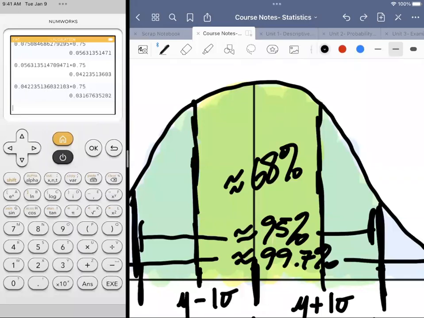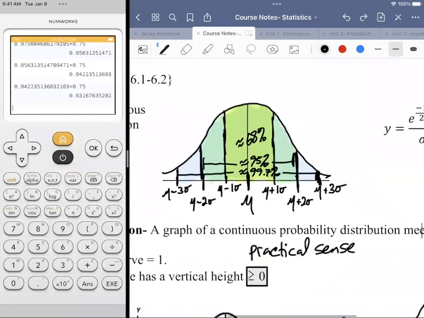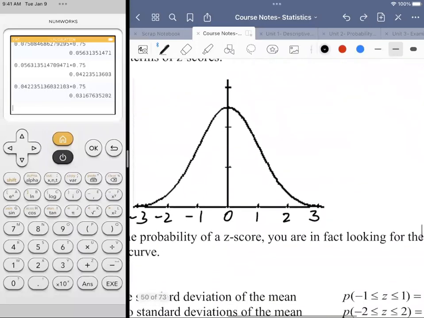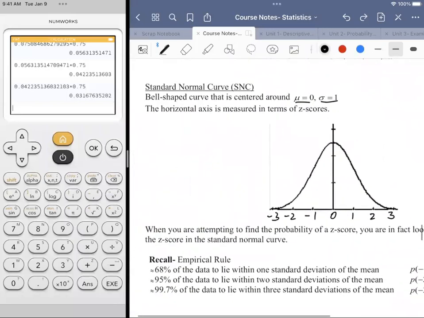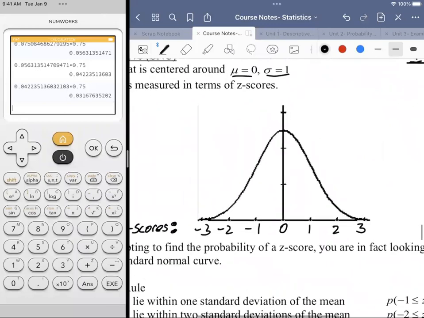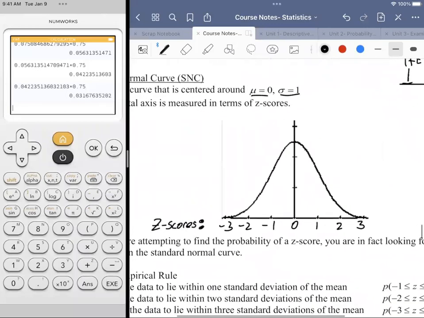All right, what this is saying is if I have a Z-score, these are Z-scores, of a Z-score of -1 and a Z-score of +1, the area under the standard normal curve corresponding with that, so all this area here, is going to be 68%.